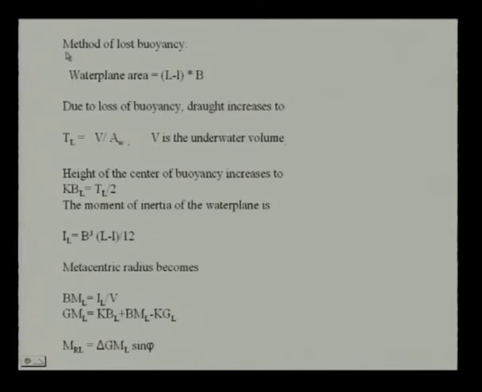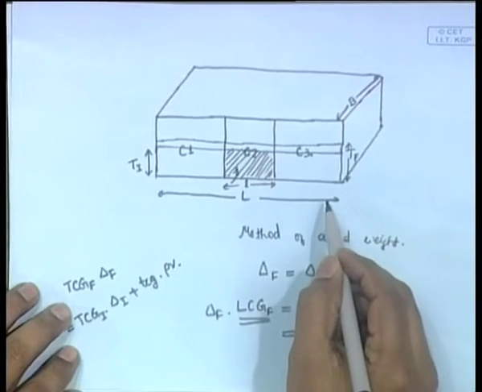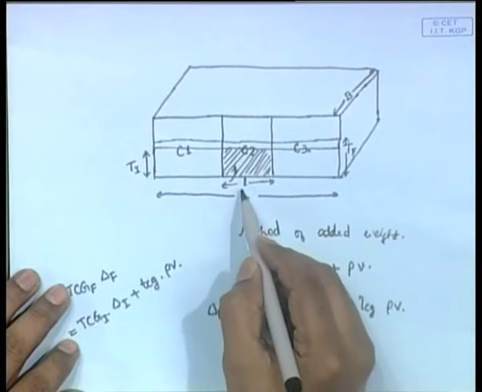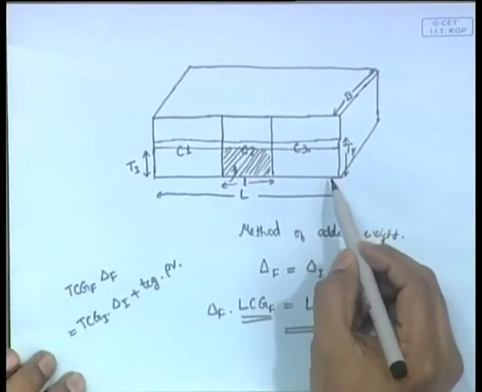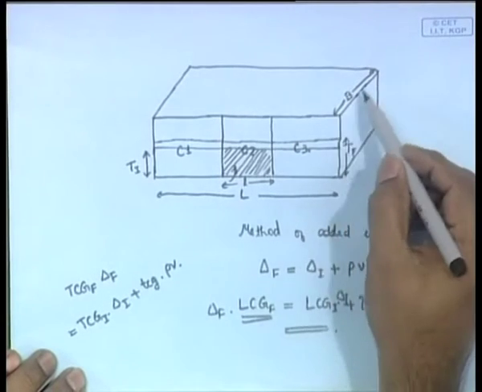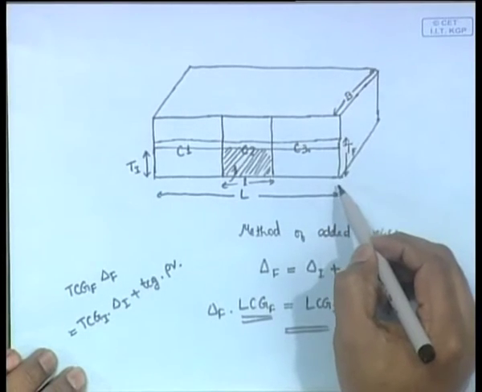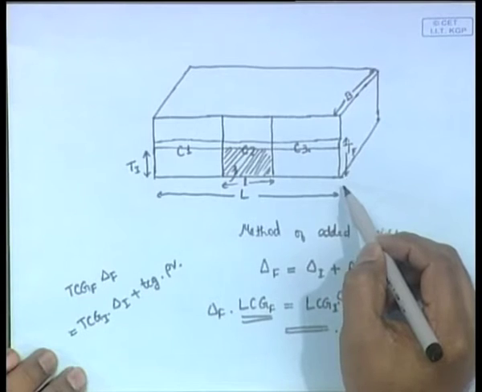Now, it is the same problem. It is the same barge, of capital length L and breadth capital B. Looking at here, capital B represents the breadth of this barge, capital L is the length of the barge.